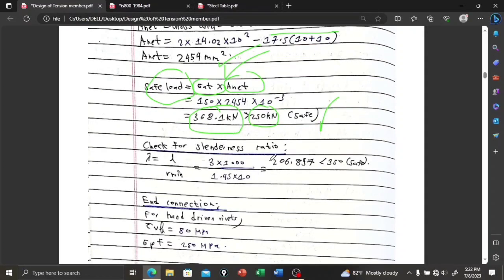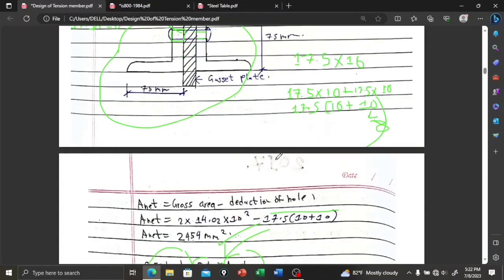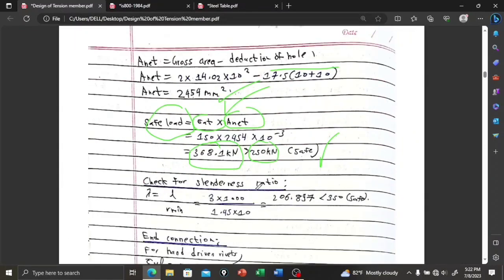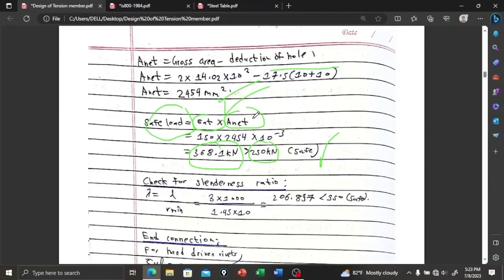So check for slenderness ratio. In the question, the length is given as 3 meter, that is 300 centimeter, and 3000 millimeter. The slenderness ratio lambda is L by R min. This is 3000 by 1.45, where 1.45 is in centimeter. To convert it to millimeter, we multiply by 10, so it is 206, which is less than 350, so it is safe.